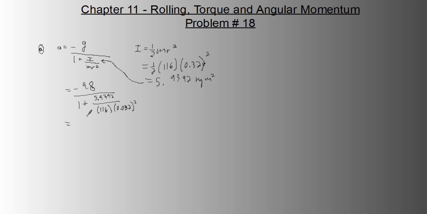And that gives us the magic number of negative 0.192157 meters per second squared, but it wanted the magnitude, so we'll just do 0.19, we'll round also, meters per second squared. So that's the acceleration of the yo-yo.